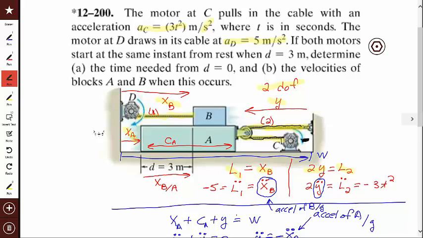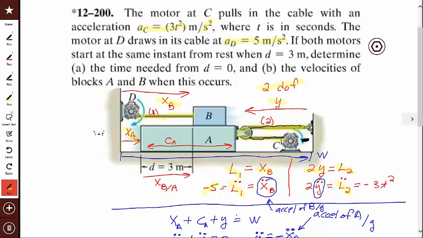Now what you do with that is differentiate it twice. Be careful, because in this particular case the changes in the lengths are not 0, because these ropes are actually changing length. So when you get to the double dot, you can put in the correct value. Because the cable at D is being pulled in, the cable is getting smaller, so it has an acceleration which is negative.